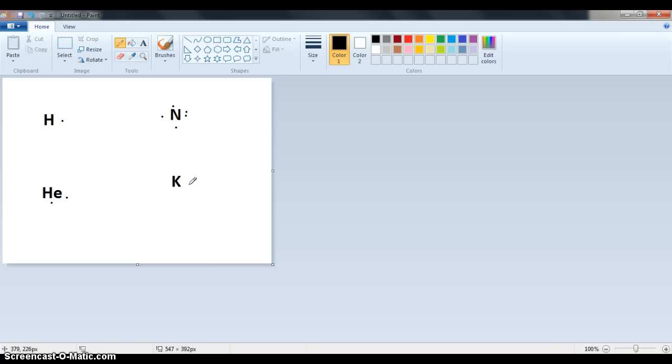It's number 19, which means it has a total of 19 electrons. But if we follow our electron configuration, how many are valence? Turns out just 1. So potassium is going to have a similar reactivity to hydrogen because it's got the same number of outermost electrons.